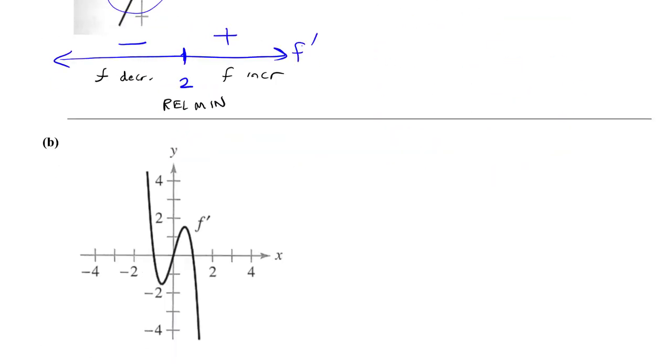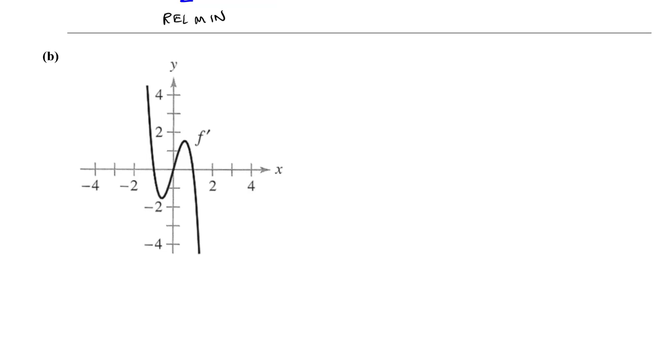All right, here's another one like that. Again, I'm given the graph of the derivative. So what I want to do is basically recreate my chart using this information. I'm going to find all the places where the derivative was 0. So that looks like it's here at -1, at 0, and at 1.